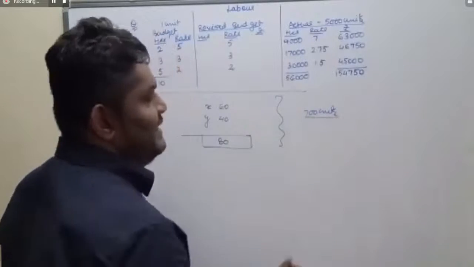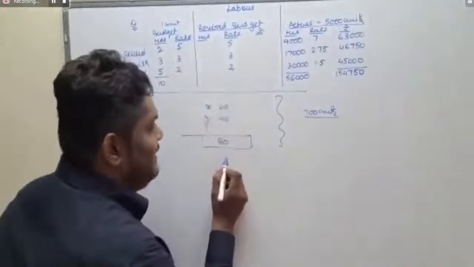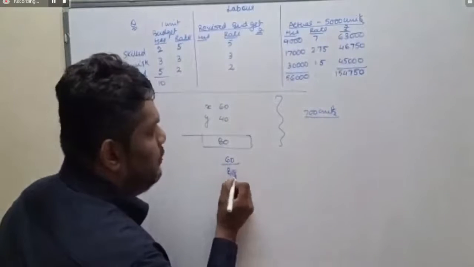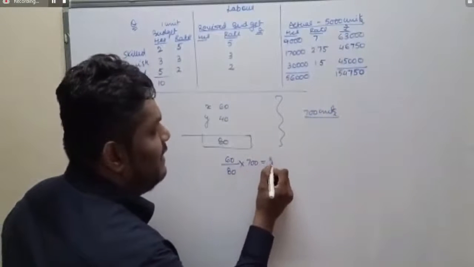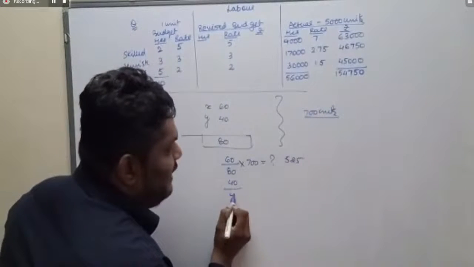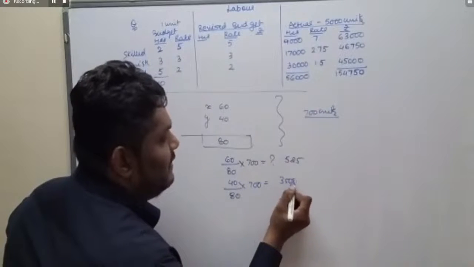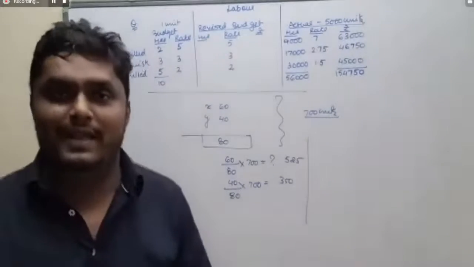So what we did, very simple, I'm following the same approach. 60 is required for 80 output. So how much for 700 output? Very simple, 525. 40 for 80 output. So how much for 700 output? 350. So this is what we did in the last question.